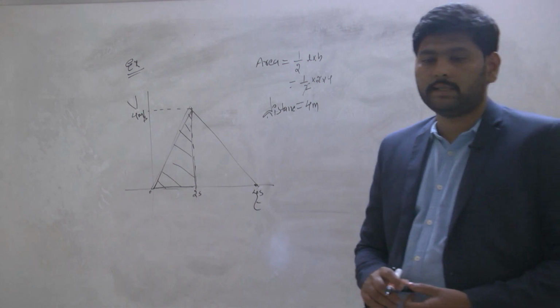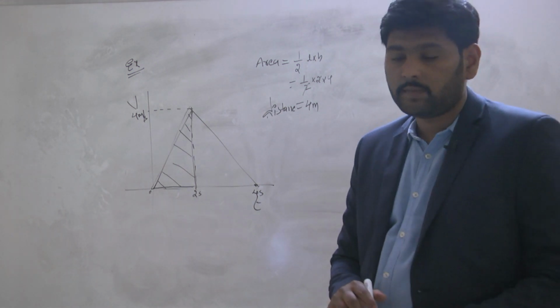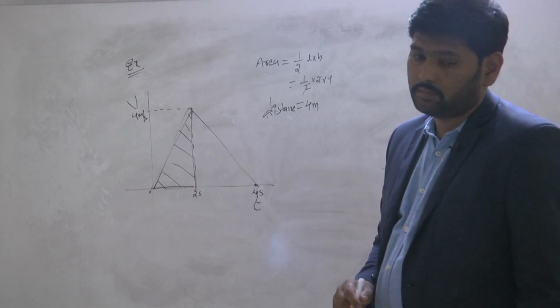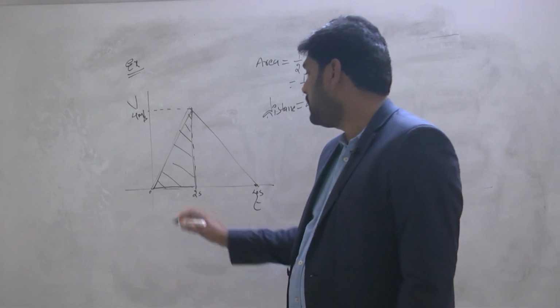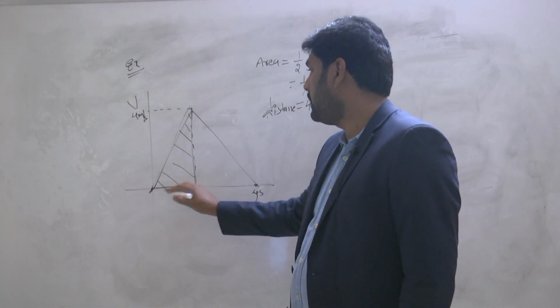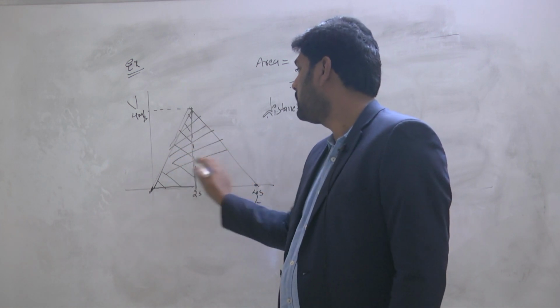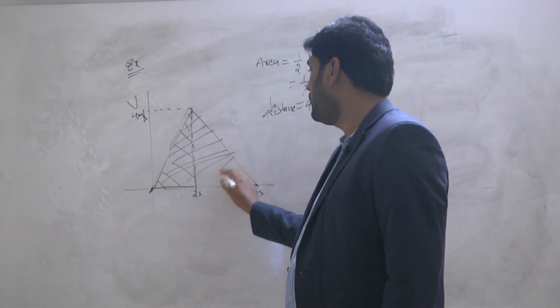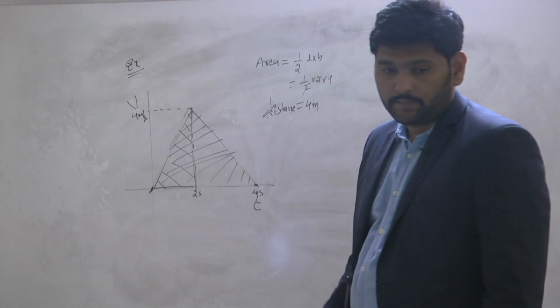What is the distance covered in 4 seconds? 8 meters. How do you know it? The other triangle is similar to it. From here to here, the total represents the area under the graph from 0 to 4 seconds.